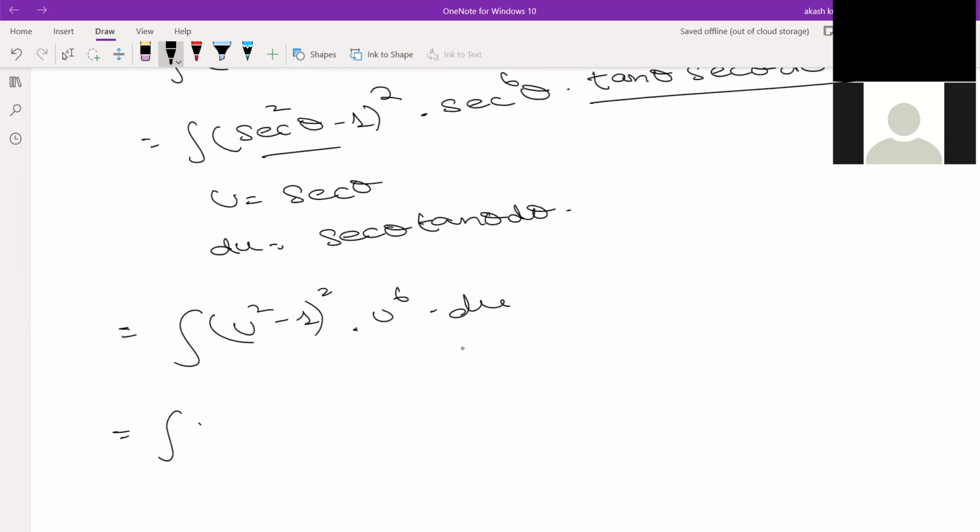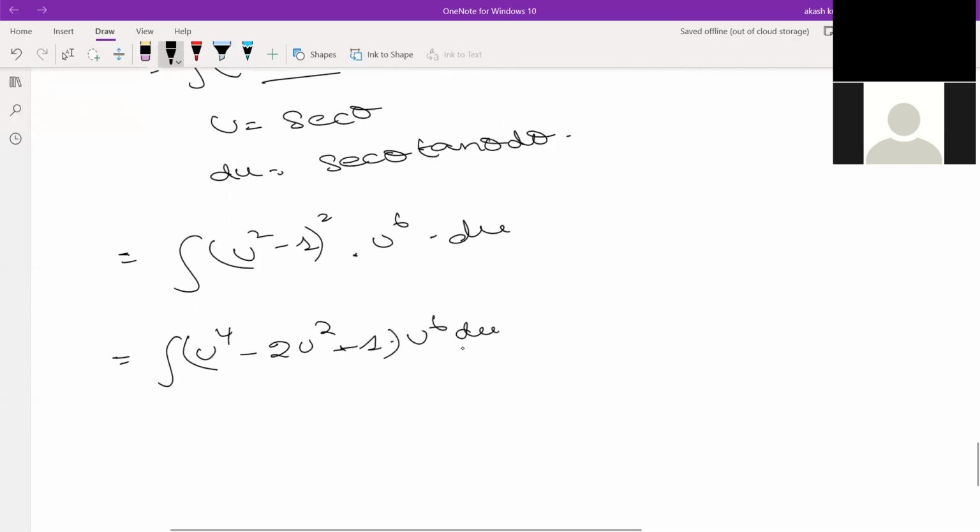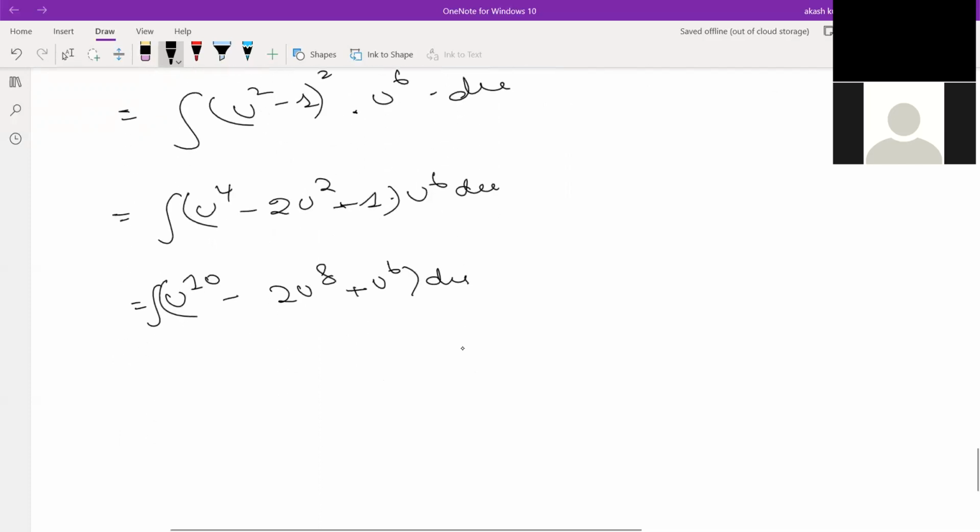Applying the a minus b formula, it will become u to the 4 minus 2u square plus 1, times u to the 6, du. So it becomes u to the 10 minus 2u to the 8 plus u to the 6, du.